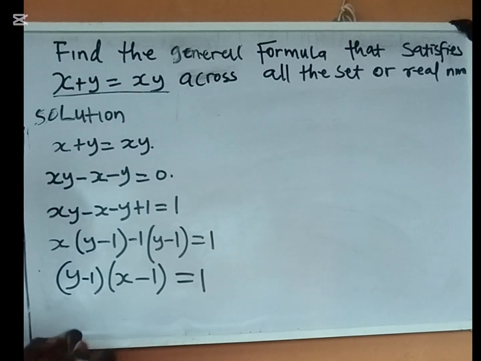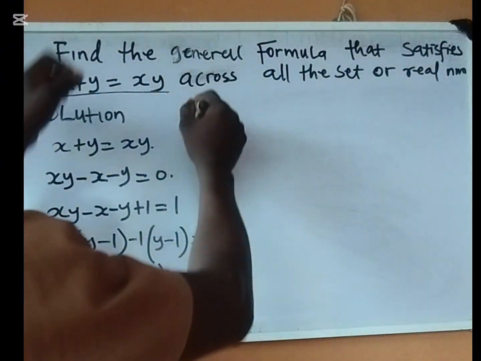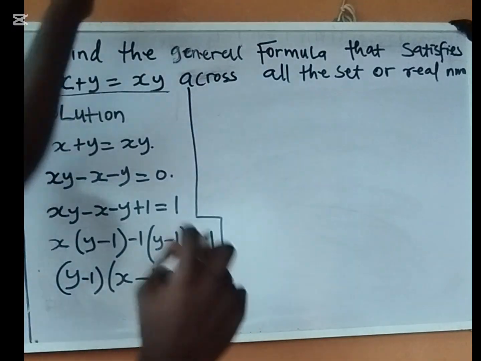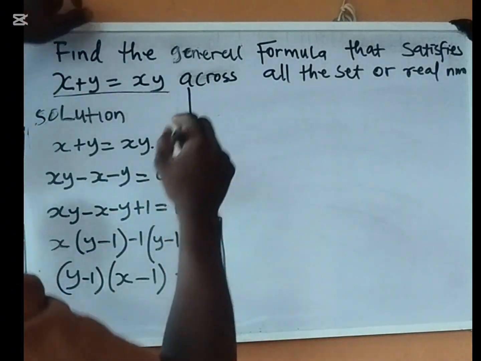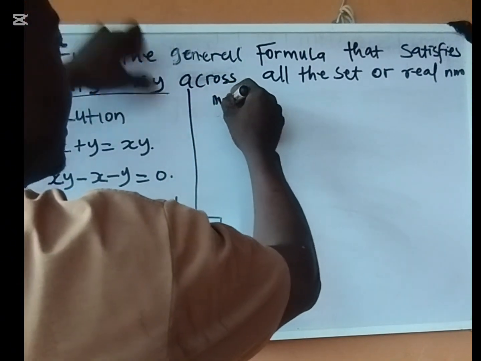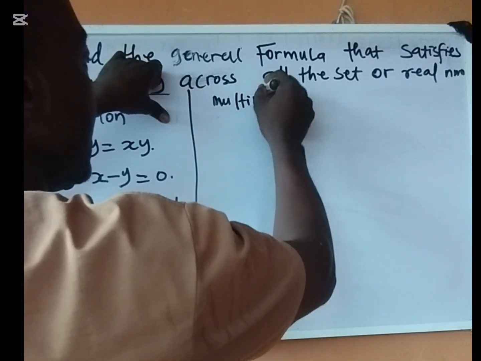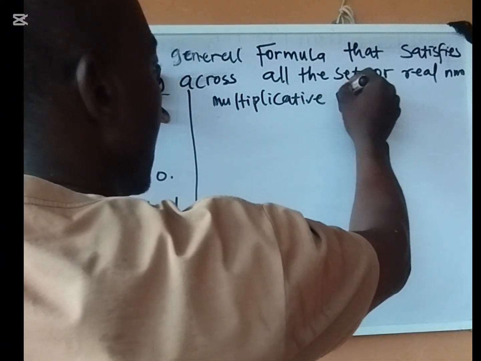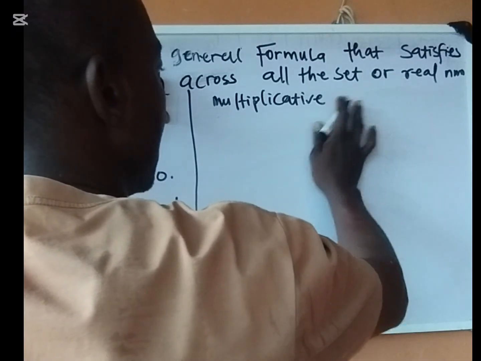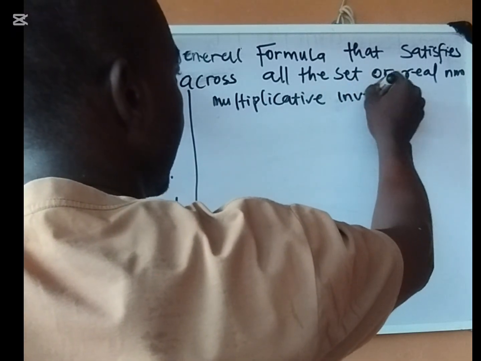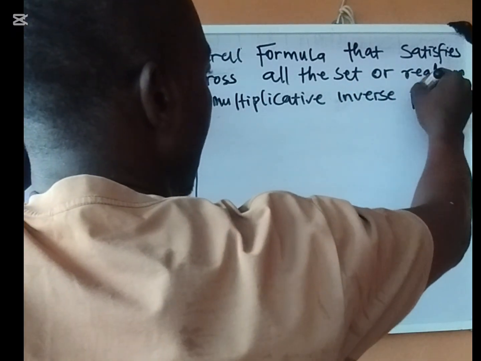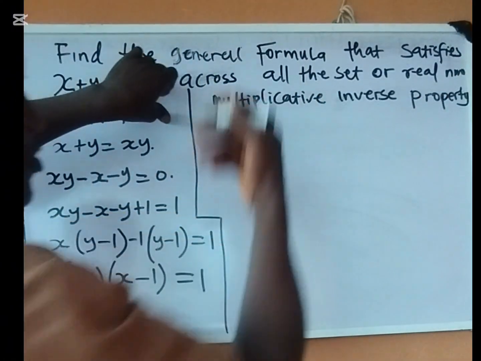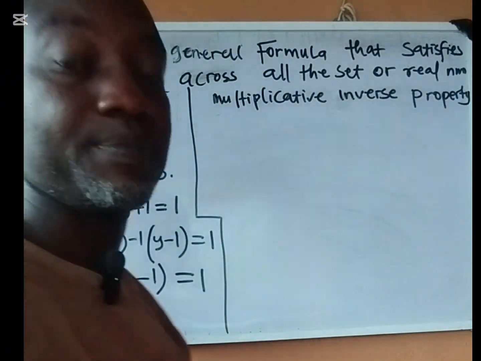At this point, we're going to introduce a very important property in arithmetic. It's known as the multiplicative inverse property. You may have come across this property in arithmetic.